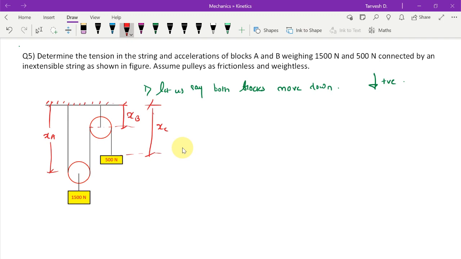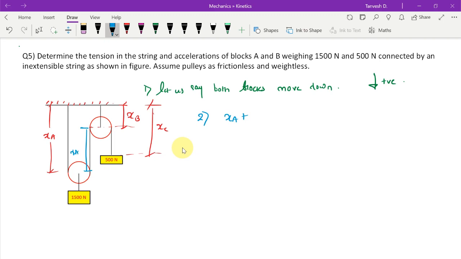Alright, so why do I need those lengths? To write this equation that XA minus XB. XA minus XB is going to give me this length.